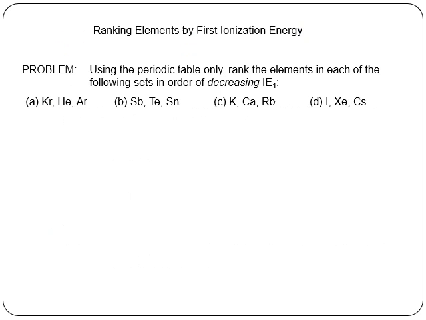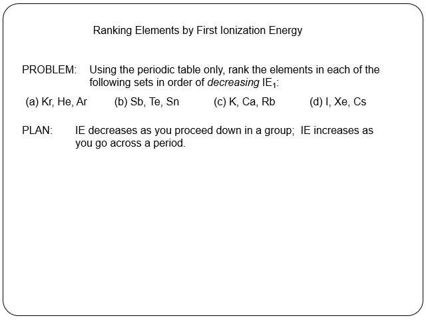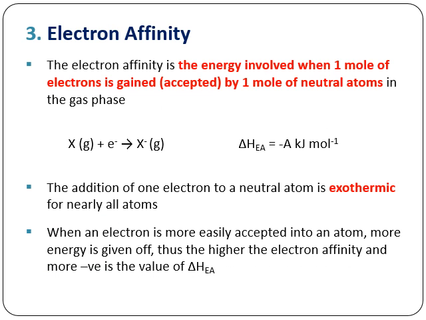So you can do this exercise of ranking the ionization energy. Next is electron affinity. Electron affinity is the ability to gain an electron, per one mole of neutral atoms in the gas phase.